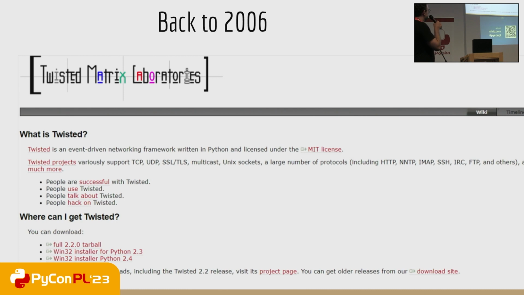There are some testimonials there, people successful with Twisted, and there's a NASA testimonial saying they use Twisted to go to space, so it was pretty fun. The version back then was Python 2.3, and it was quite popular back then. And it was the only asynchronous library in Python back then, I think. So that's why it was logical for Scrapy to be based on Twisted.